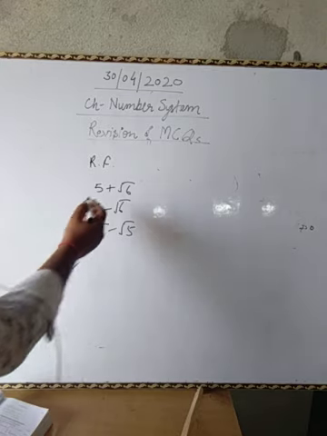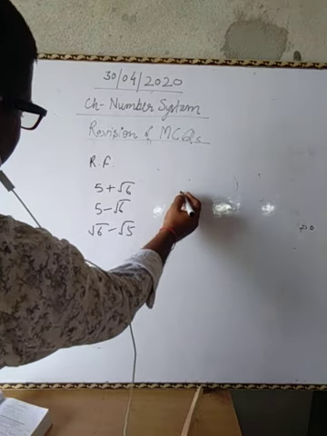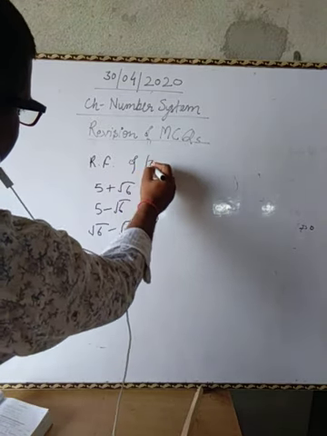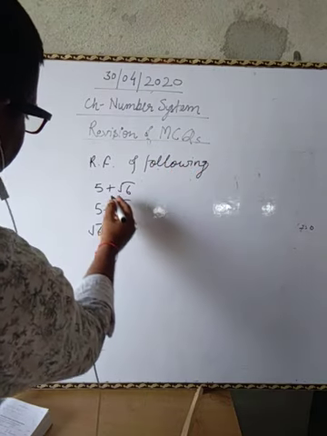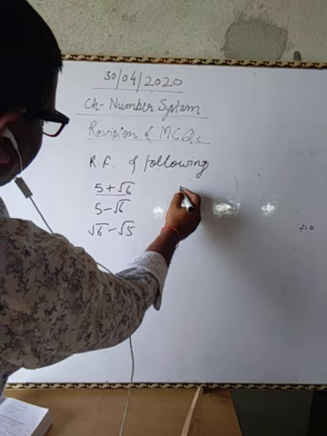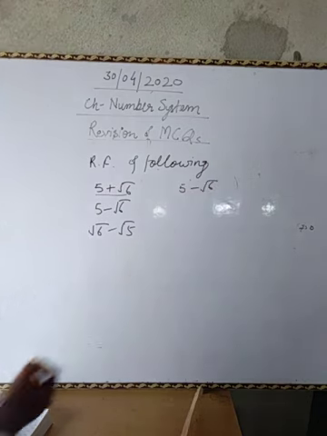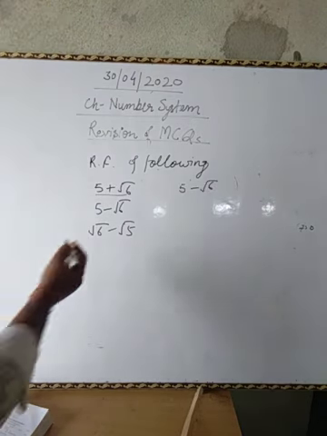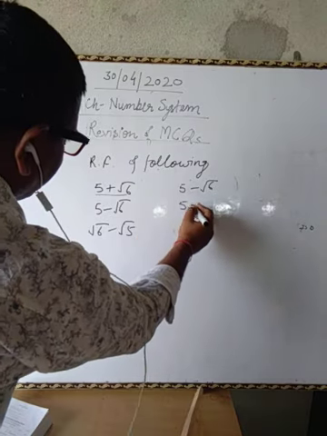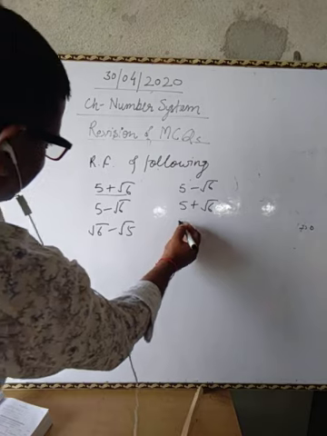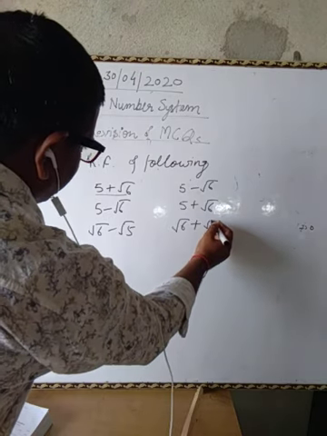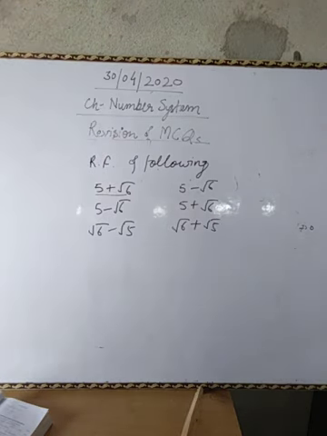RF of 5 minus root 6, as I told, change the sign between them: 5 plus root 6. Again, the rationalizing factor of the last one will be root 6 plus root 5.